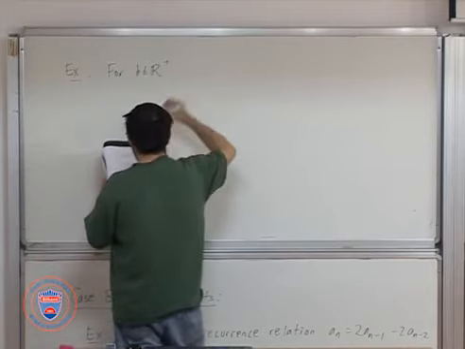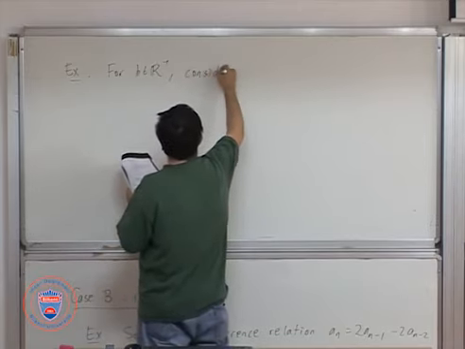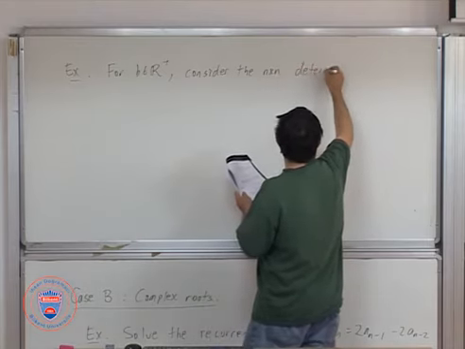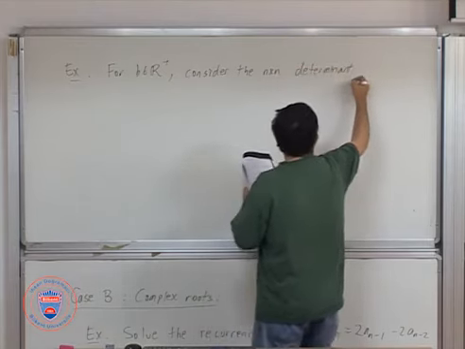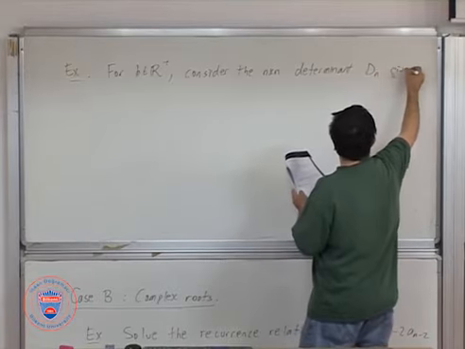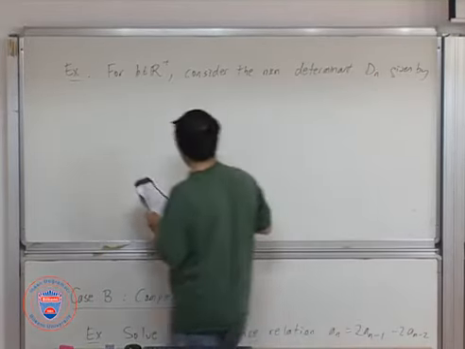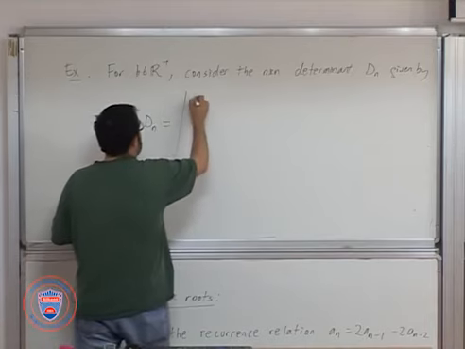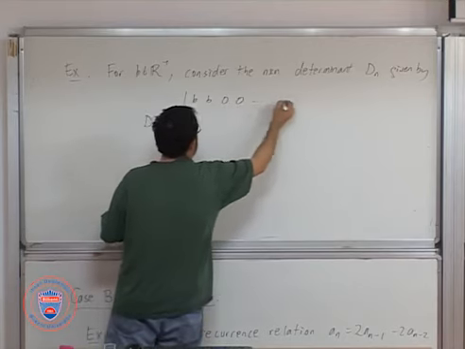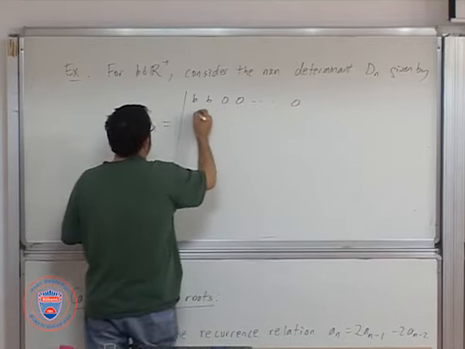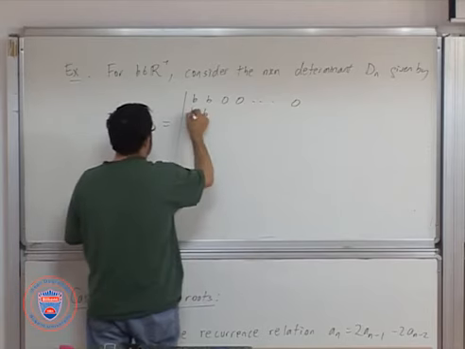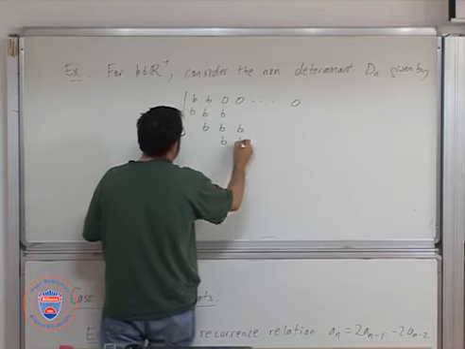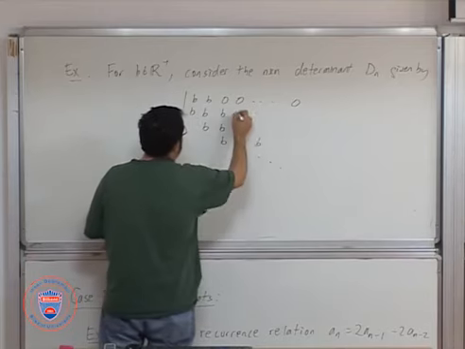For a positive real number b, consider the n by n determinant D_n given by, so you have b, b, 0, 0, zeros, then you shift by 1, you put 3 b's, and then you start shifting. Okay, but the rest is 0.